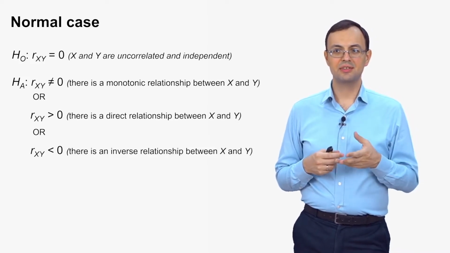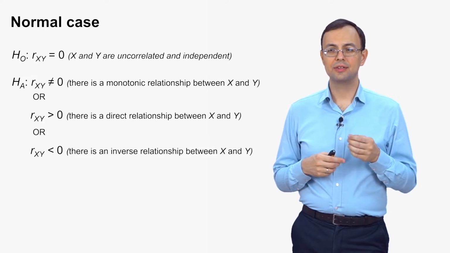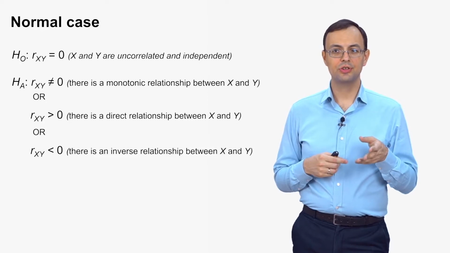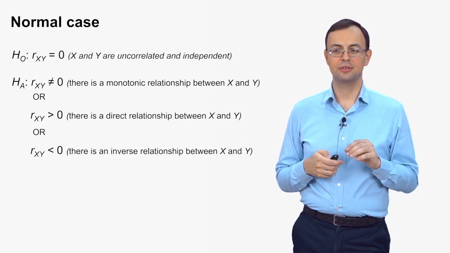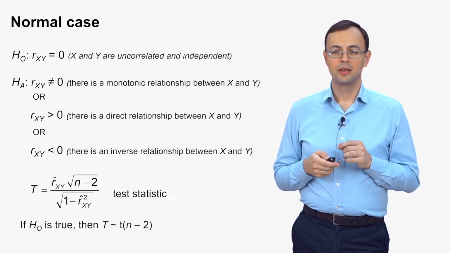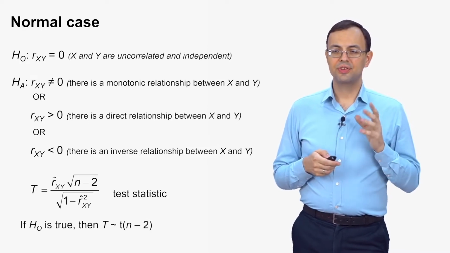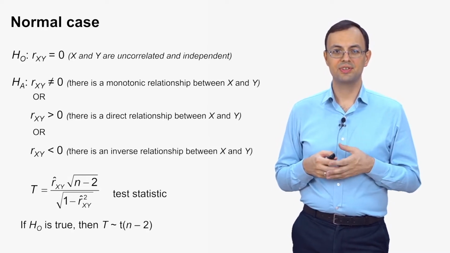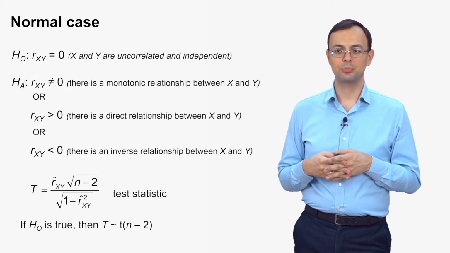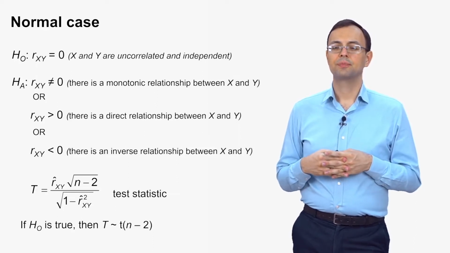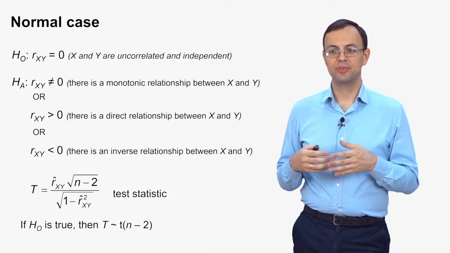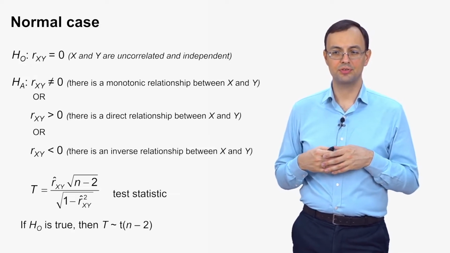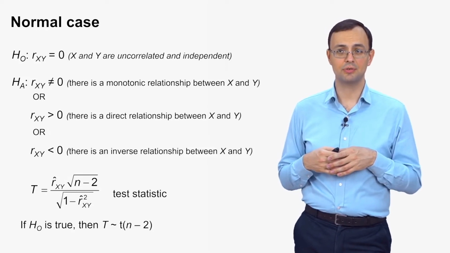This means a kind of linear relationship between x and y, a direct linear relationship, and an inverse linear relationship. The test statistic of this test is calculated with the formula you see now, and it can be proved that if the null hypothesis is true, then the test statistic follows the Student's distribution with n-2 degrees of freedom.